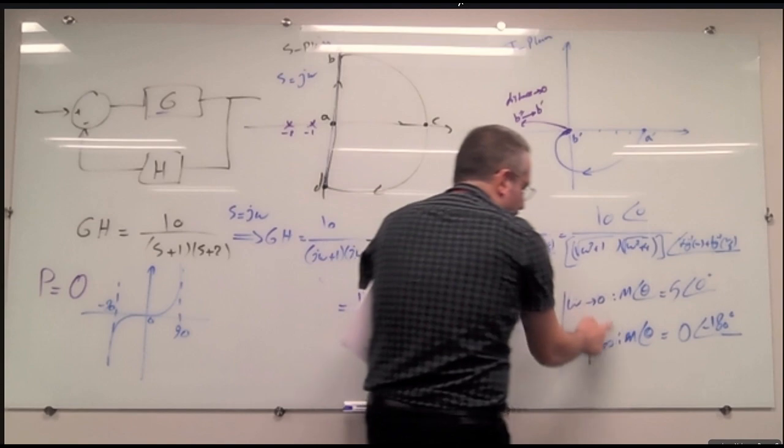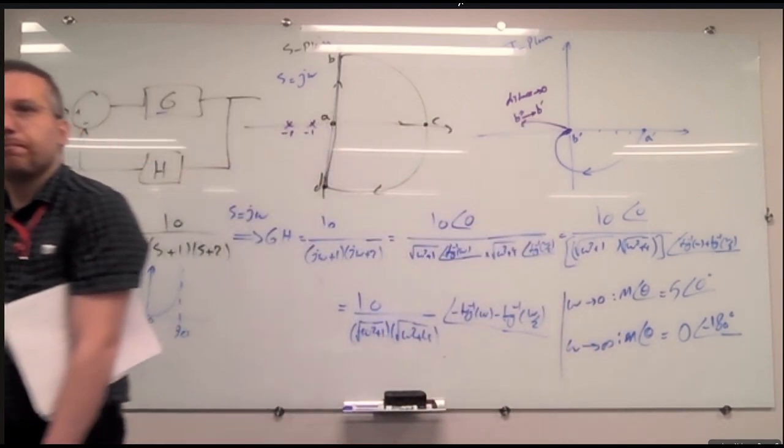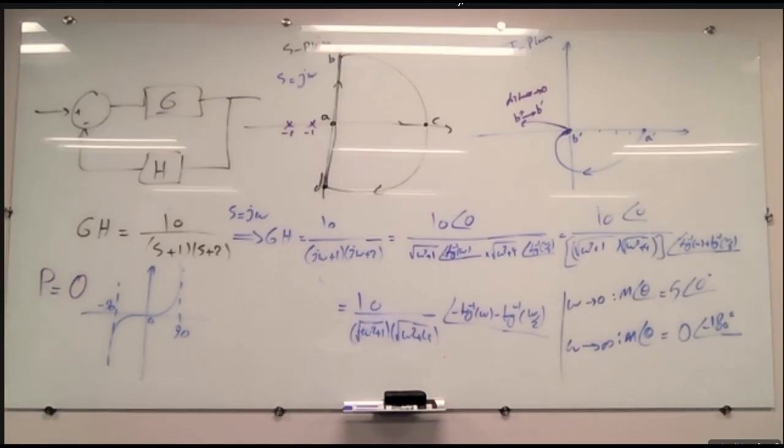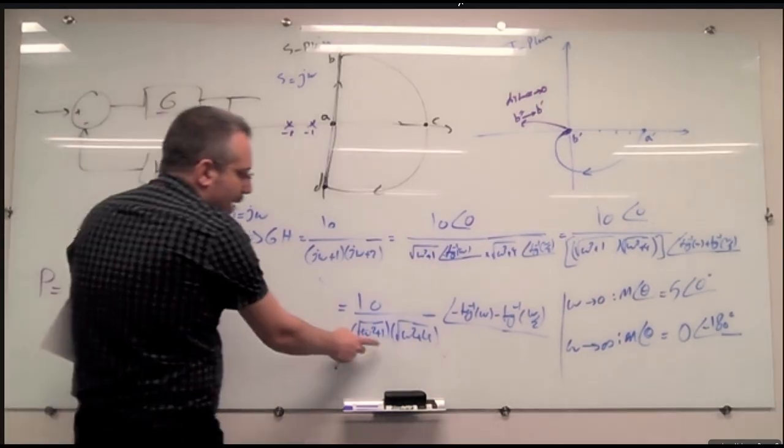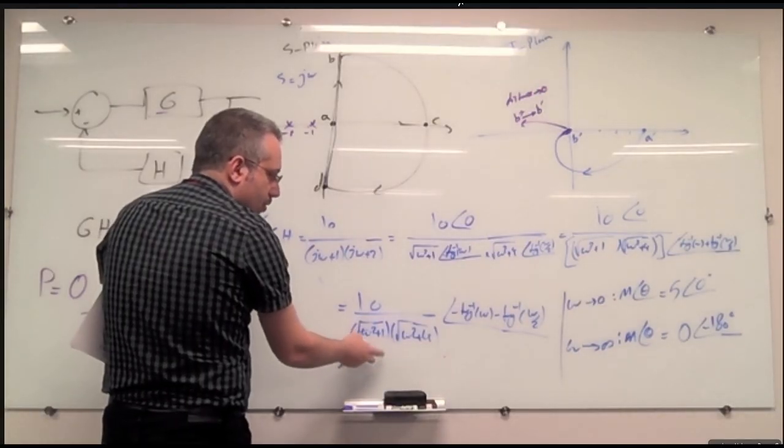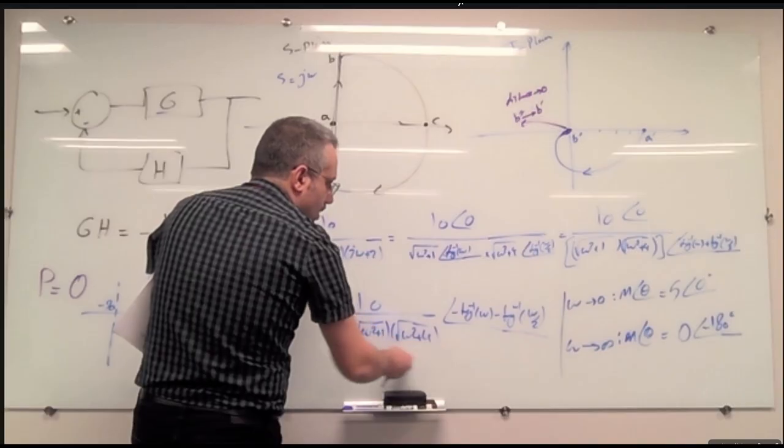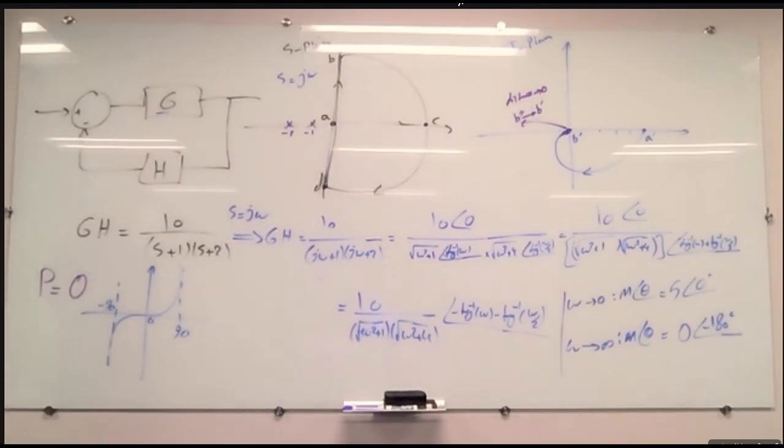Now, let's talk about why we had this curve. We consider 0 and infinity for A and B. Now, if we increase omega from 0, but we don't reach infinity, like omega equal to 100 or 1000, what's going to happen here is the denominator is going to increase. Are we good? So the magnitude will decrease.